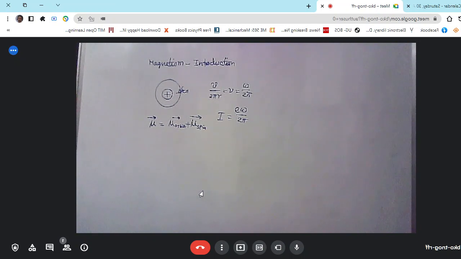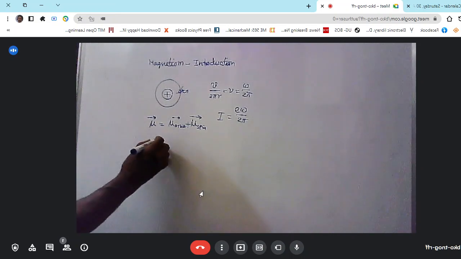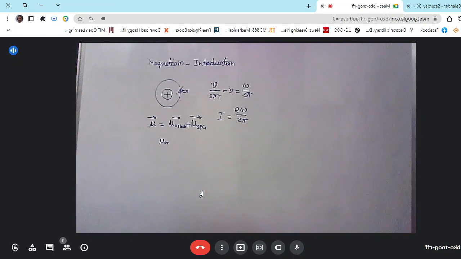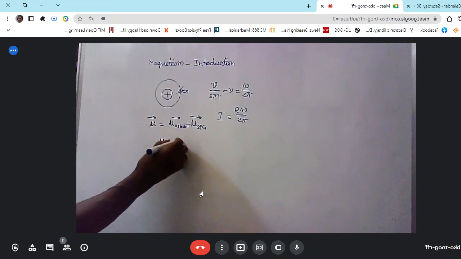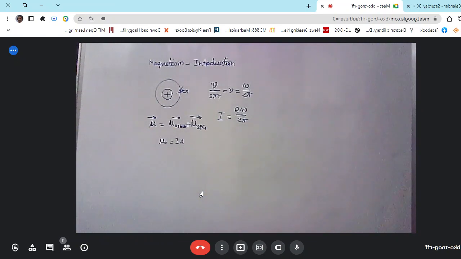Now this circular path actually constitutes a magnetic dipole. The dipole moment, mu at its side, the orbital magnetic moment, is equal to I into A. This is Ampere's theory.